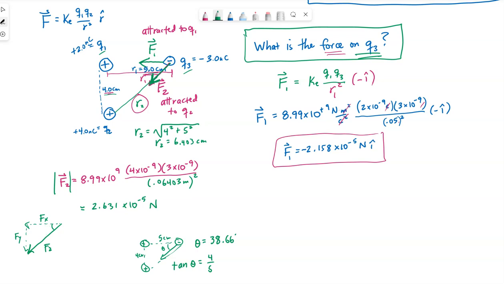If we want, we could substitute that in. F2 is this magnitude that we have solved for. So if I have the hypotenuse and an angle, I can certainly calculate for the sides. This x component is adjacent to the angle, so I will take the magnitude of the force, so the 2.631 times 10 to the negative 5th, and multiply that by the cosine of our angle.